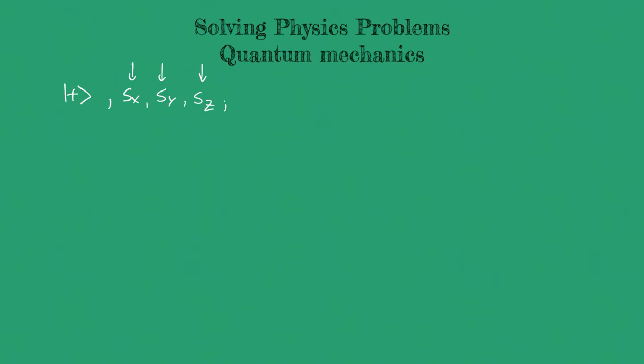So to answer that question, we have to look at the uncertainty definition. For a given operator A, the uncertainty is defined as delta A equals the square root of the mean of the square minus the square of the mean.